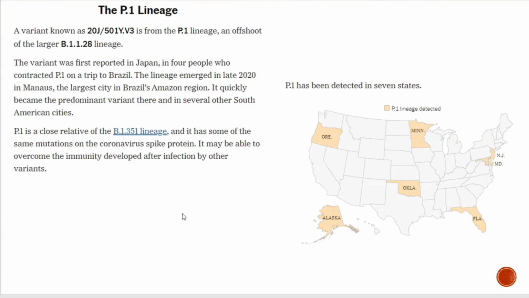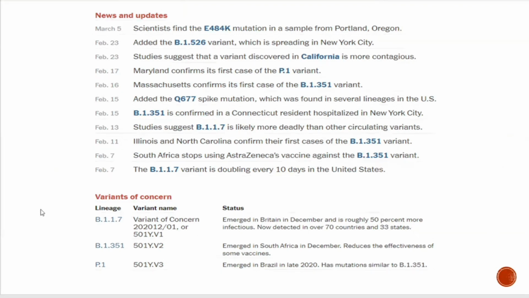This looks more like B.1.351, with some of the same mutations in the spike protein, and again the same concerns about it potentially being able to overcome immunity developed after other wild type variants. And again, as you see here, it's been detected in at least 7 states, Florida also being one of them.